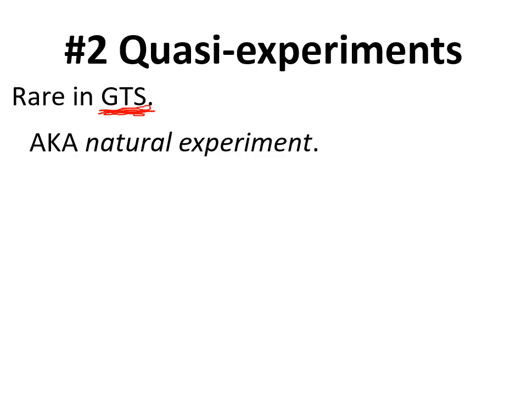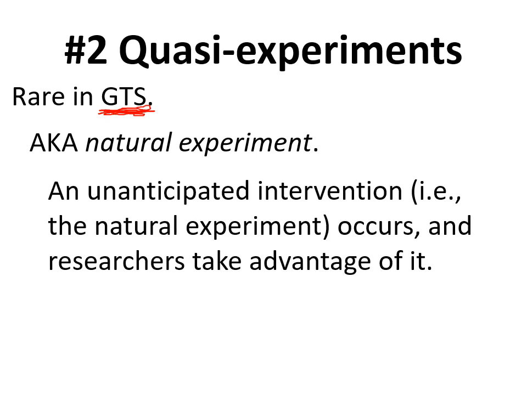Sometimes quasi-experiments get referred to as natural experiments. And I suppose they're called natural experiments because they're sort of unplanned. They refer to a case in which there's an unanticipated intervention, or the natural experiment. So this occurs, and researchers then are able to take advantage of it.